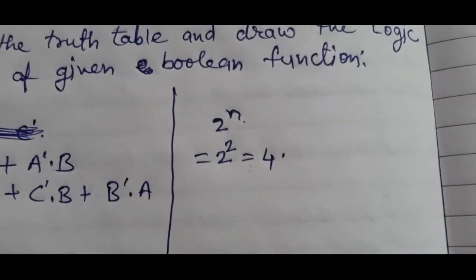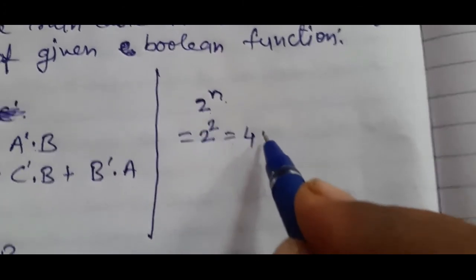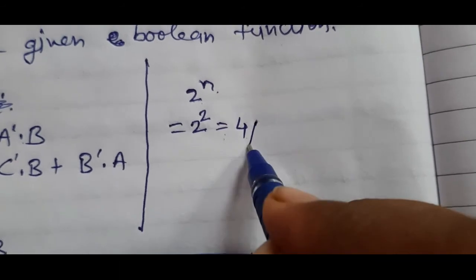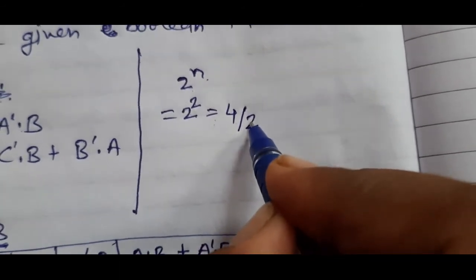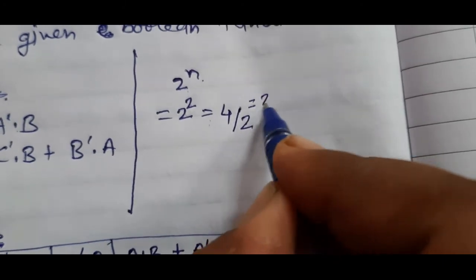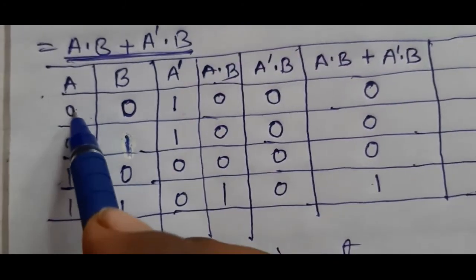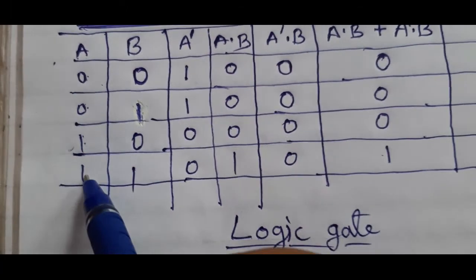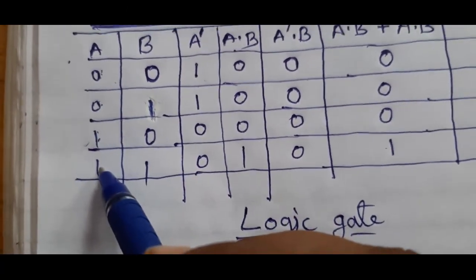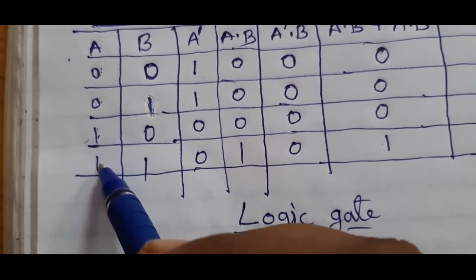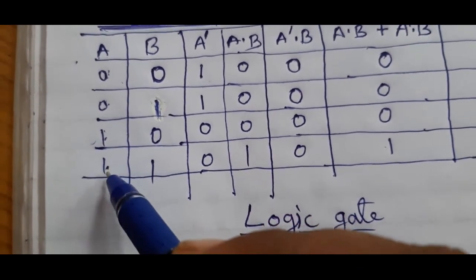So how will these combinations be created? These 4 combinations are divided by 2. The answer is 2, meaning 2 negatives and 2 positives. So these are the total 4 possibilities.